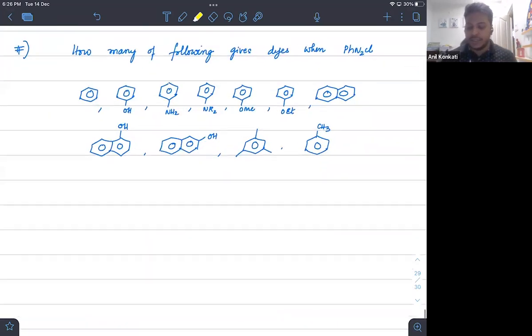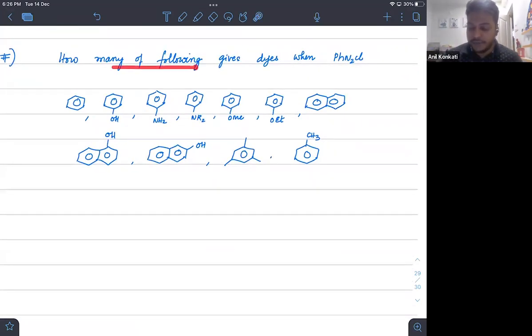Now look at this. How many of the following given compounds will give dyes when we treat them with the diazonium salt? So which of them will give? Any strongly donating groups will give, right? Neither this will give, this will give, NR2 will give, OMe does not give, OEt does not give, naphthalene does not give, correct?